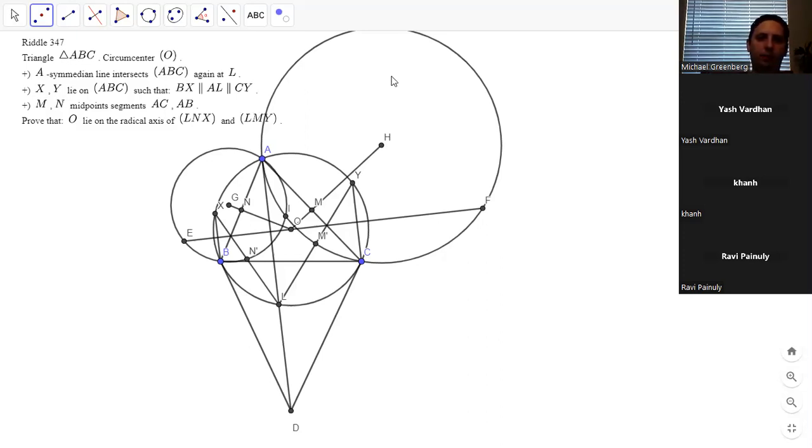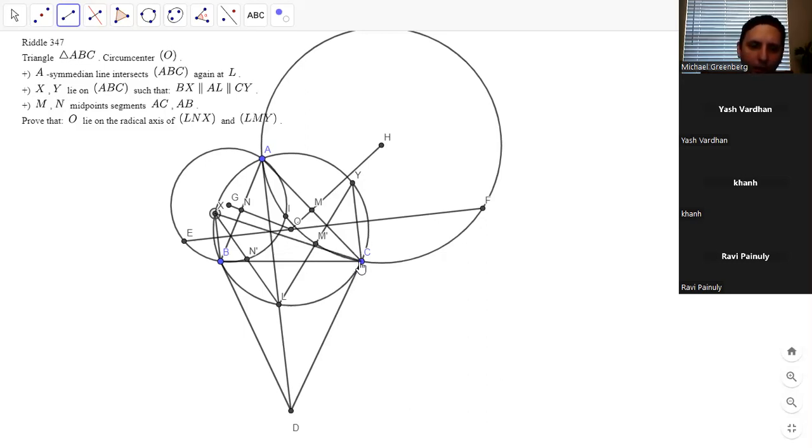Well, once we could show this, we're good. Let's see, XL by XC bisects AL. Is that true? Oh, it's by symmetry. Yeah, you're right.